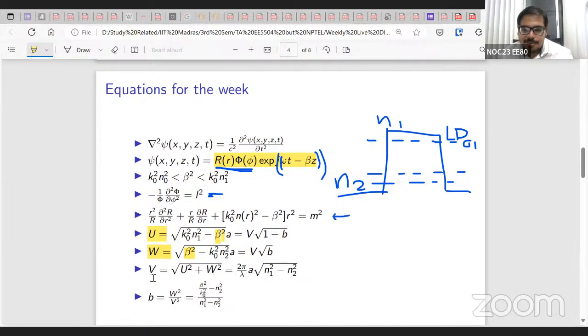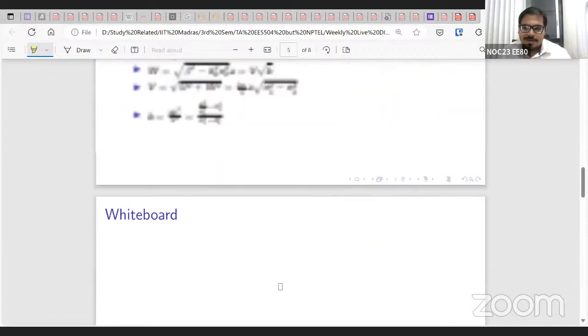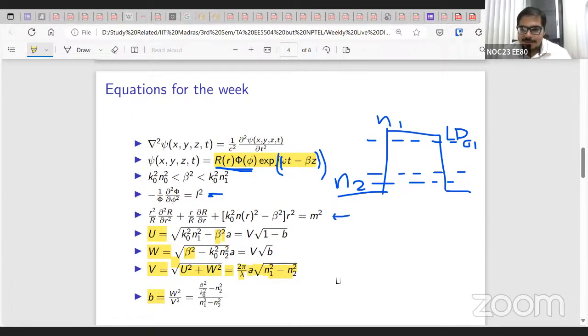So that is where we first encountered V as this, which you've already seen. And we also define the normalized propagation constant B as this, and B values will be constant within 0 and 1. So that's pretty much all of the equations and all of the theory that was covered this week.